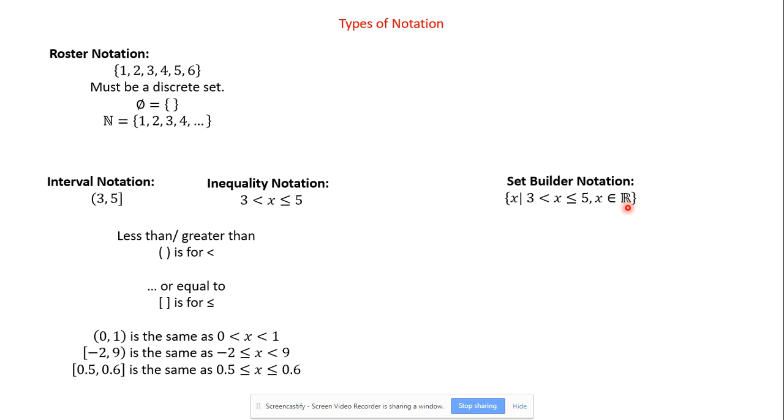But we could use the natural numbers. We could use the irrational numbers. Hey, I want all the irrational numbers in between 3 and 5. We could put irrational there. We could use the rational. We can specify what set we want. Whereas these guys are for the real numbers only. So this allows us a little bit of extra control over what we're doing.